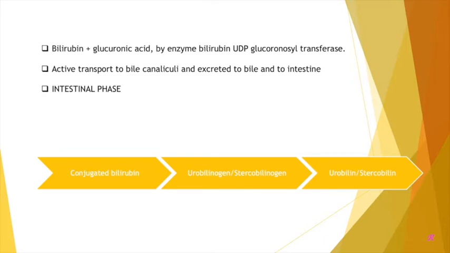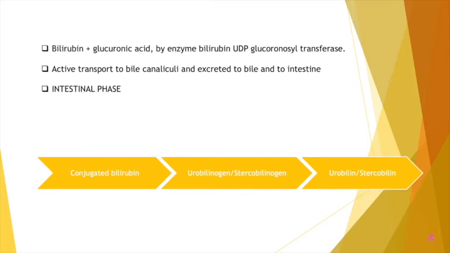Second, it gets converted into stercobilinogen, which is excreted through the feces. It is that which gives the normal yellow colored stool. So the two pathways: one, it is excreted through urine. Second, it is excreted through feces.